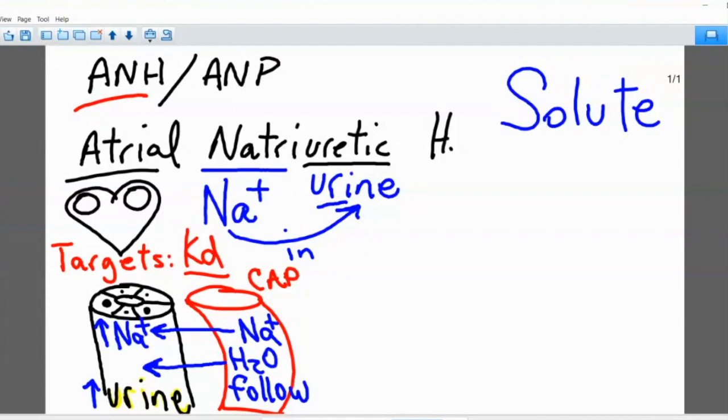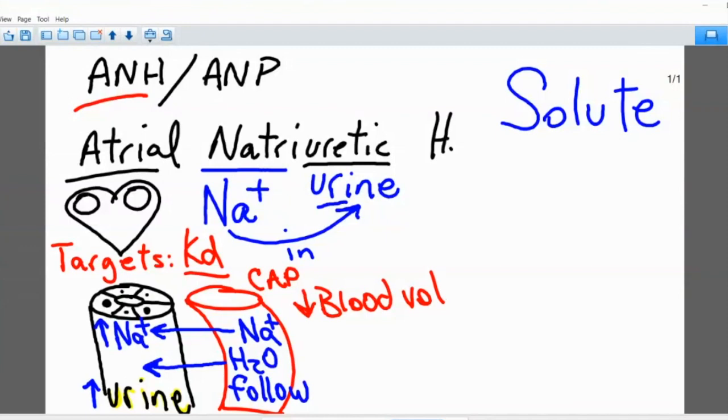Well, our focal point in the body is almost never the urine. But this is how we understand it. Just like last time, what we like to know is what happens to the blood. So when sodium goes here and water follows it, we have actually decreased the amount of blood.